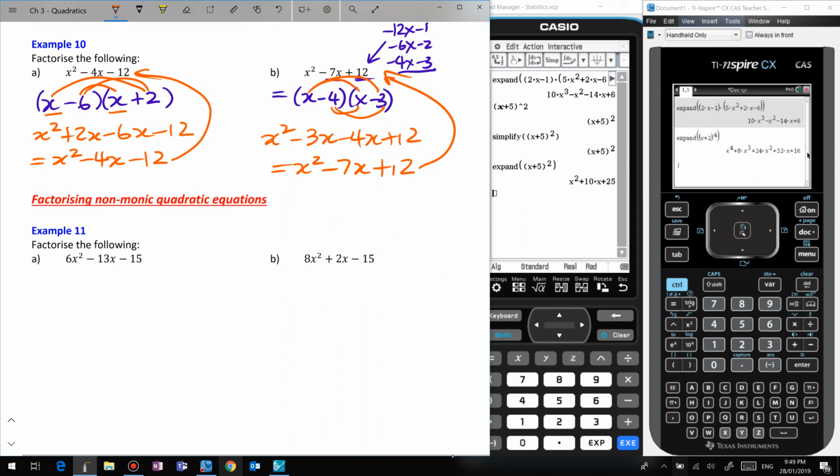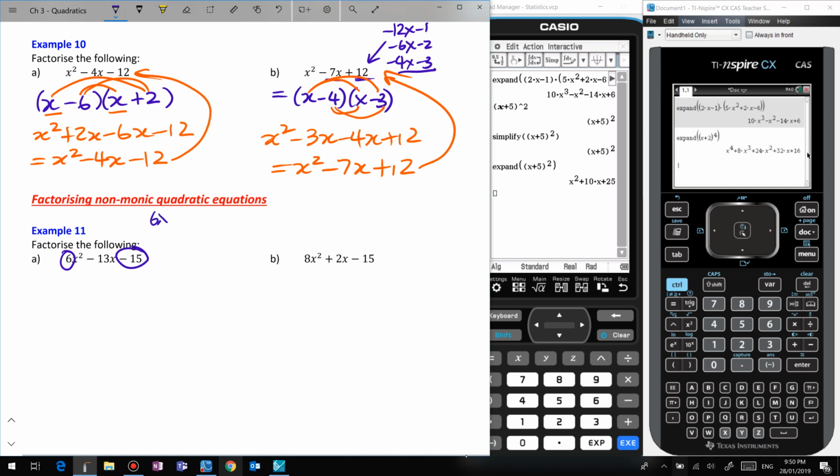Okay, this is where it gets a little bit tricky. There's a number of different ways you can do this. I'll show you what I think is the most basic way. Because we don't have just an x squared at the front, we've got 6x squared. What we do is we multiply these two numbers together.